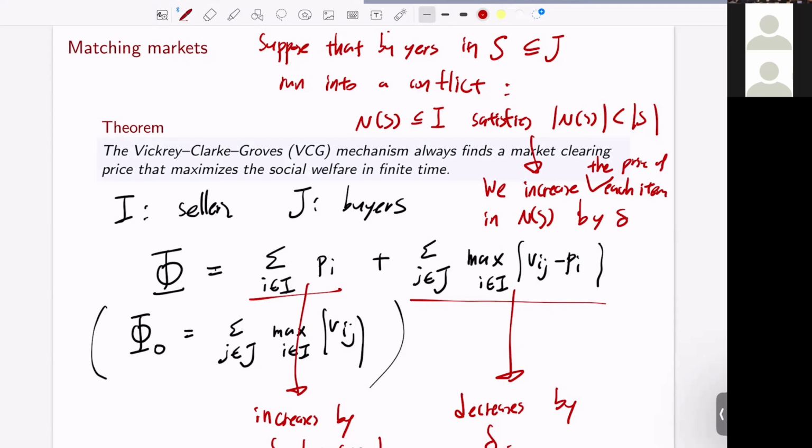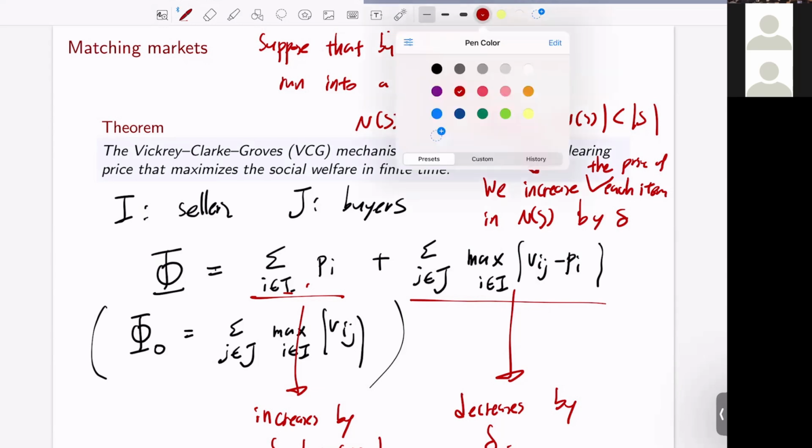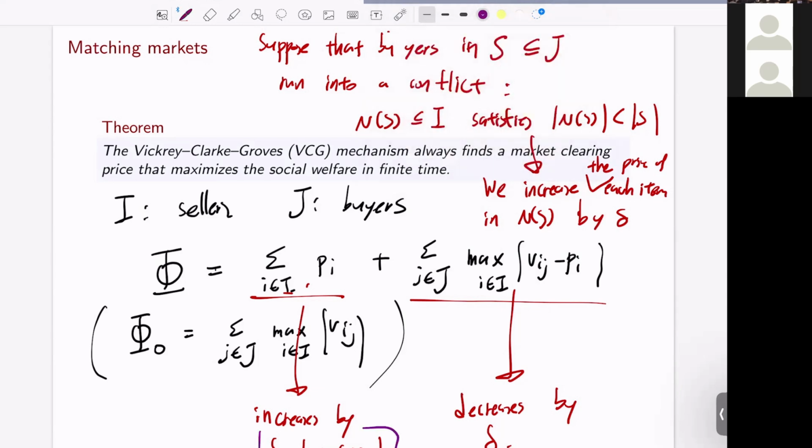Okay. Then the profit of sellers will increase because we are increasing the prices of these items. And the total increase is captured by this value, delta times the number of items in the conflict set.